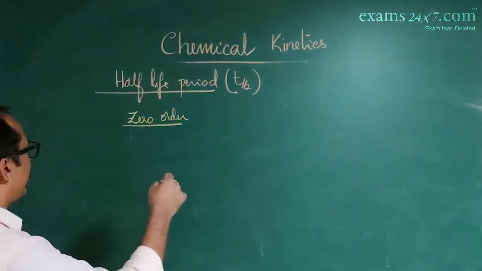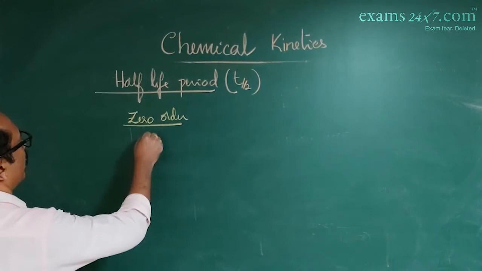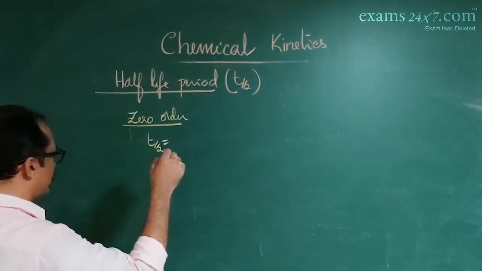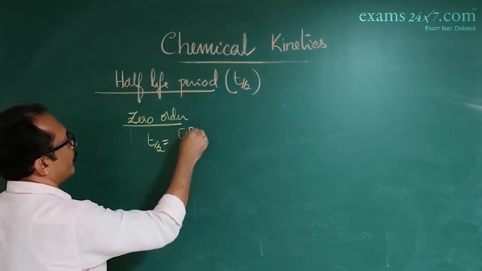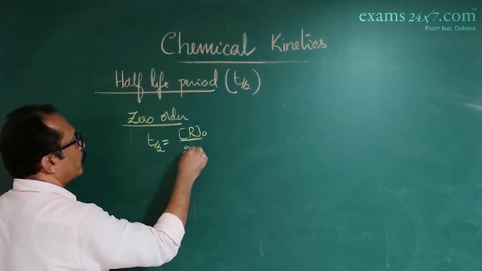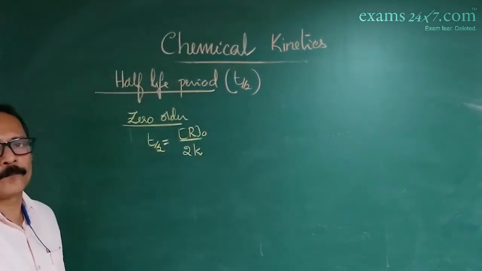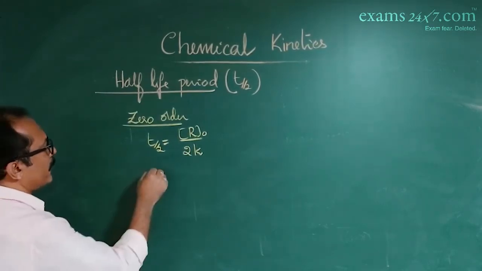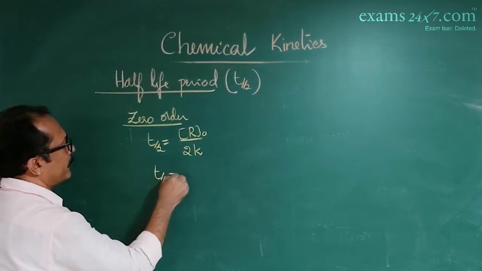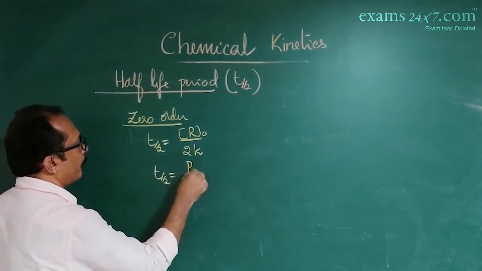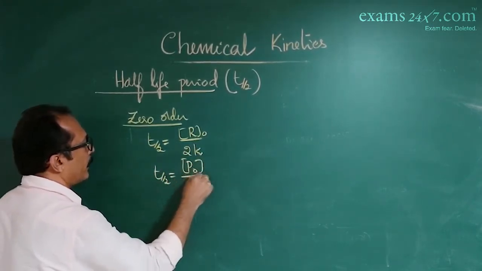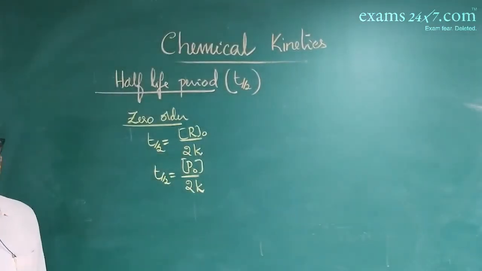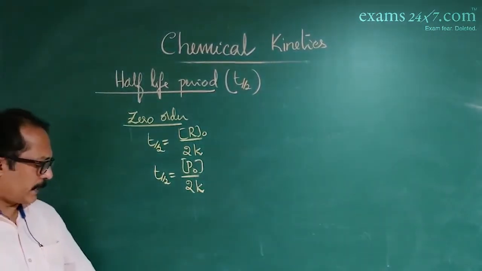Therefore, the half-life for a zero order reaction, t half is equal to R0 by 2K. Or if the reaction is carried out in the gas phase, t half is equal to P0 divided by 2K. This is for zero order reaction.